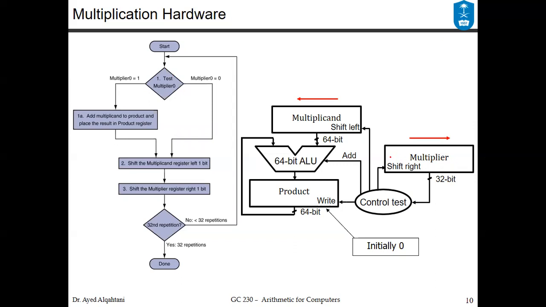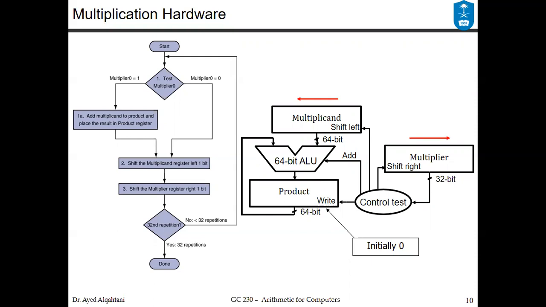Notice that we have a register for the multiplier, and another register for the multiplicand, and the result is going to be the register that is called the product, and we use a 64-bit ALU to do the addition of the partial products. And all these operations have a control unit that you can build using a finite state machine. It's actually a sequential circuit that controls the registers and the ALU.